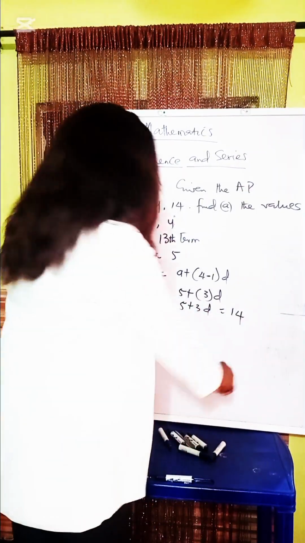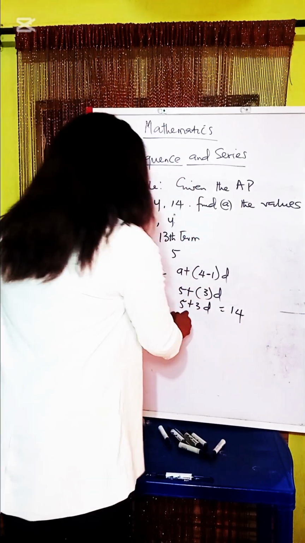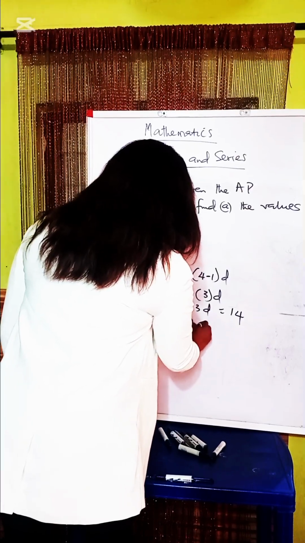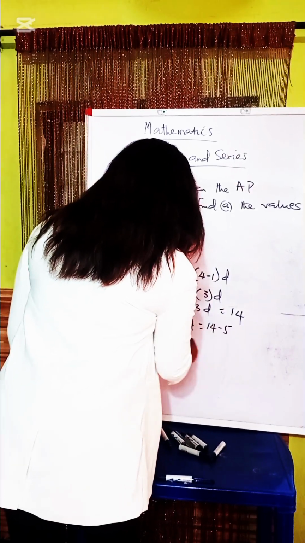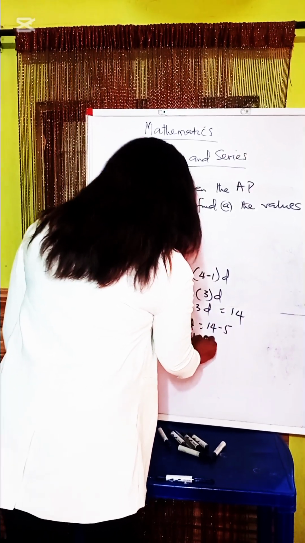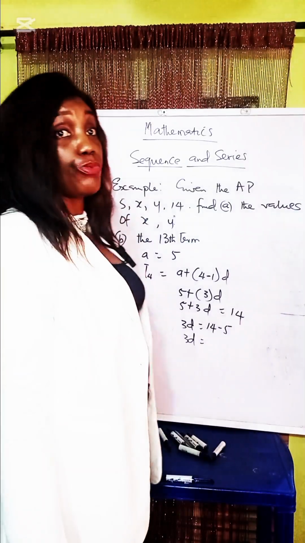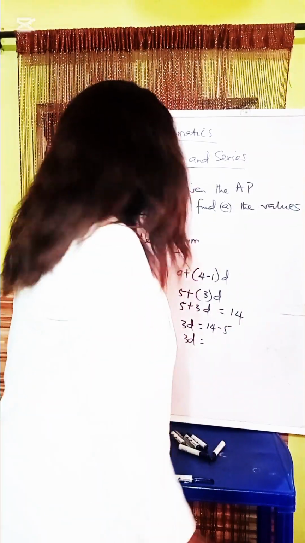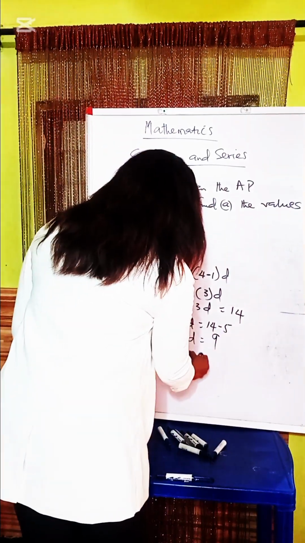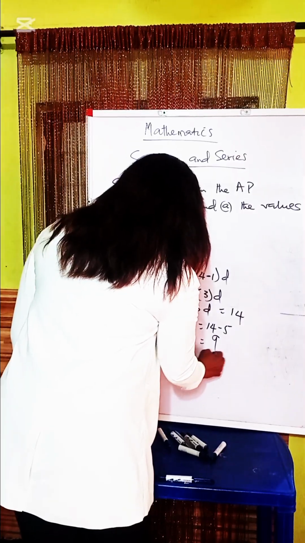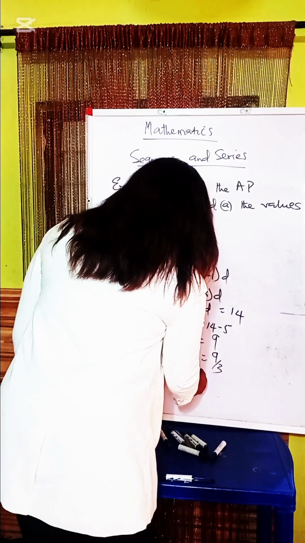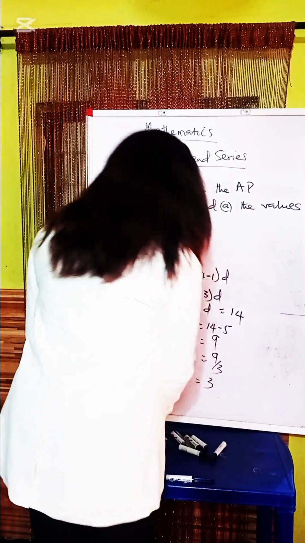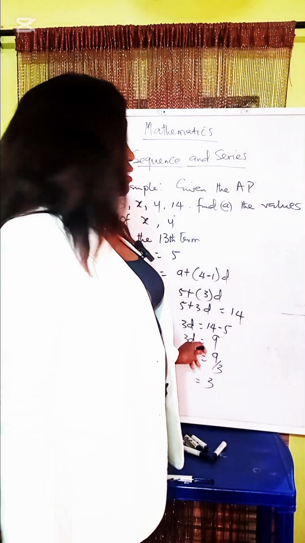I will arrange them in their common terms. I have 3D is equal to 14 minus 5. 3D will now give us 14 minus 5, which is 9. Then our D is 9 divided by 3, which will give us 3. So our common difference is 3.